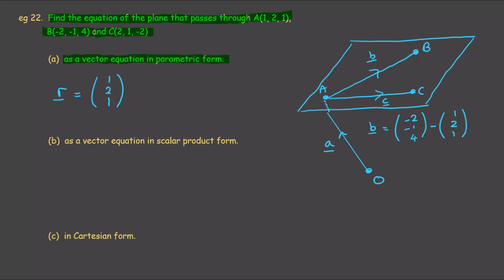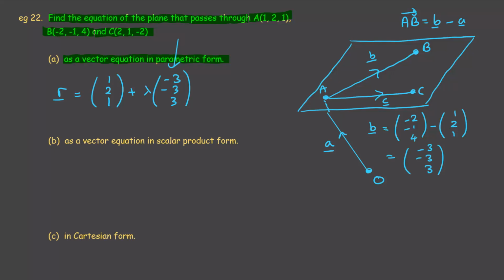Remember, this vector goes from A to B, and if we have A to B, we use the turnaround rule, B minus A. So that's going to give me (-3, -3, 3). So we can have lambda times (-3, -3, 3). You could cut this down to (-1, -1, 1), just dividing by 3.